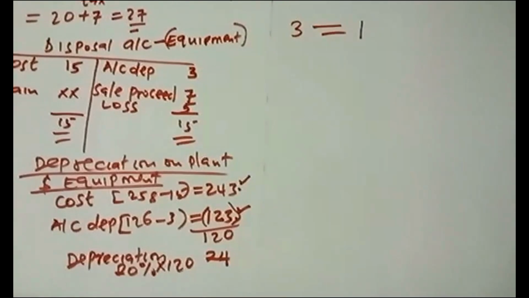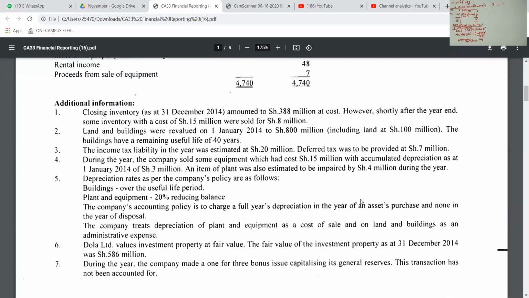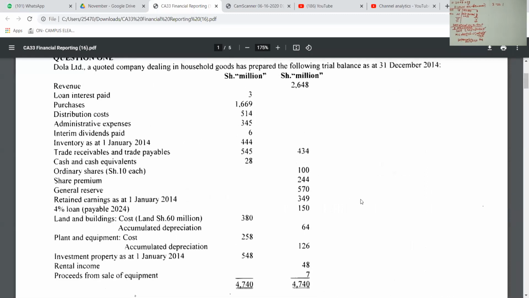How many shares had the company issued to raise the capital in that question? 100 is the total value. The ordinary share capital is shillings 10 each.